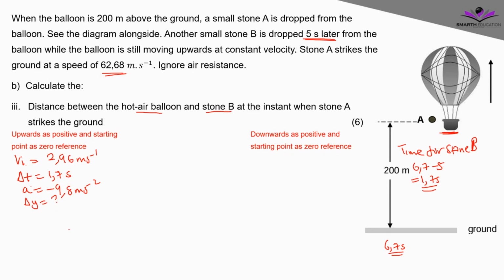So which equation is that? We have delta y is equal to initial velocity times delta t plus half a t squared. Okay, we just substitute into the formula.